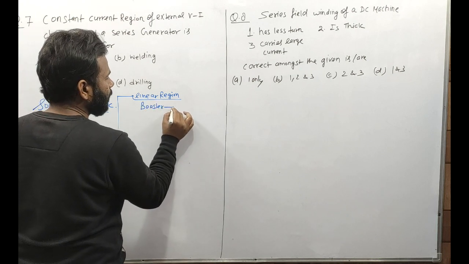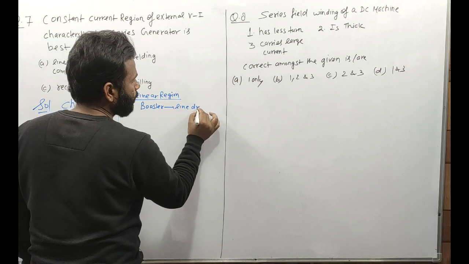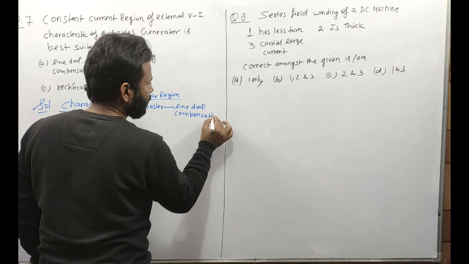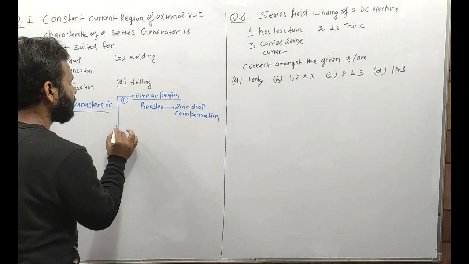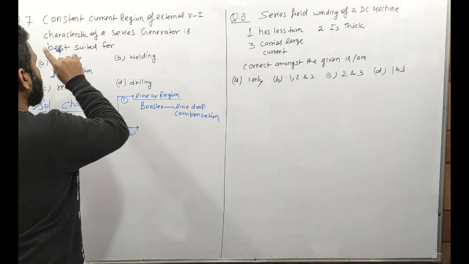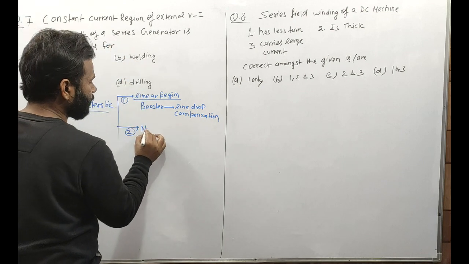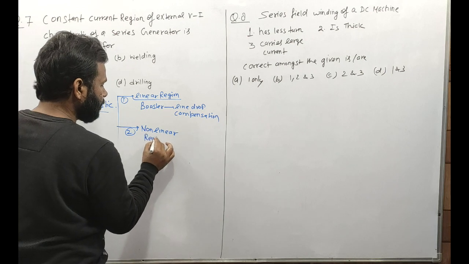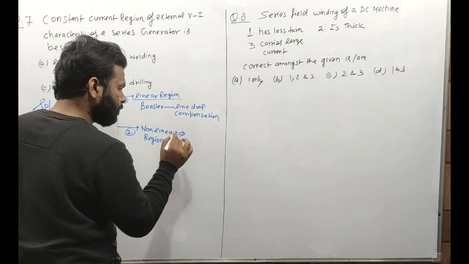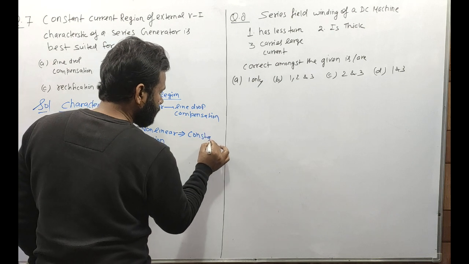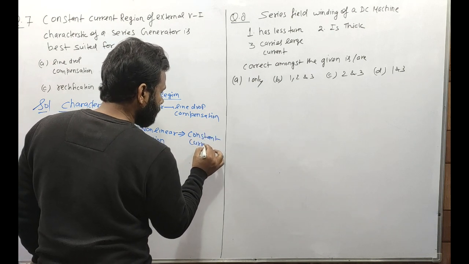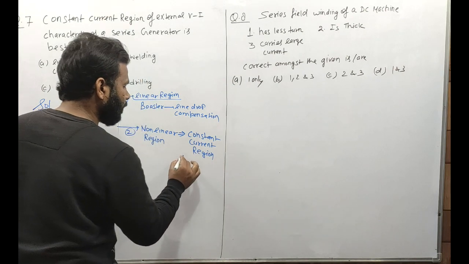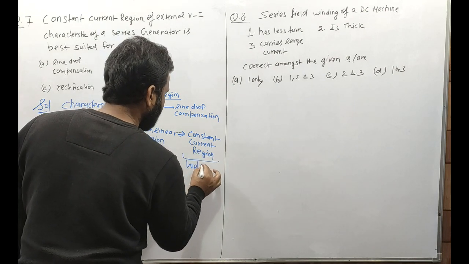That is line drop compensation. Okay, this is first point. And the second point, the constant current region, that is called non-linear region. This is known as constant current region. So it is suitable for welding generator, arc welding generator.